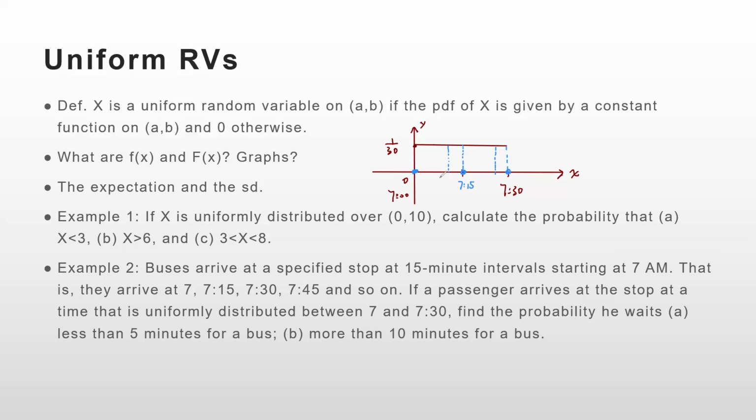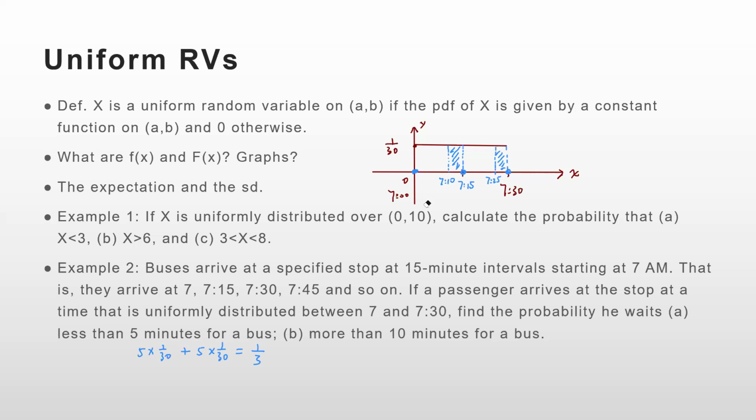So the person has to arrive after 7:10 or after 7:25, with both time intervals being 5 minutes. So the area would be 5 times 1/30 plus 5 times 1/30. That's 10 over 30, that's 1/3.